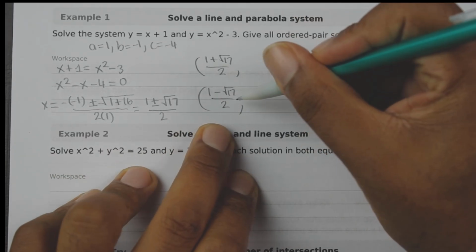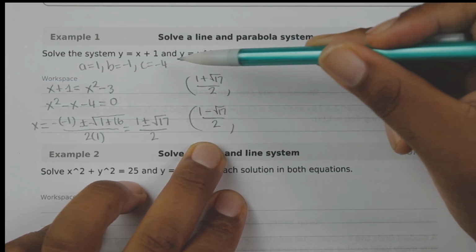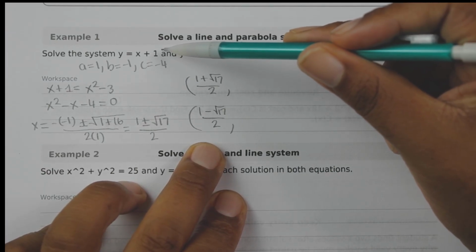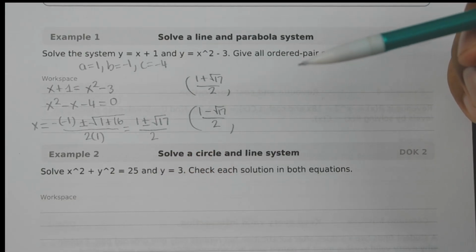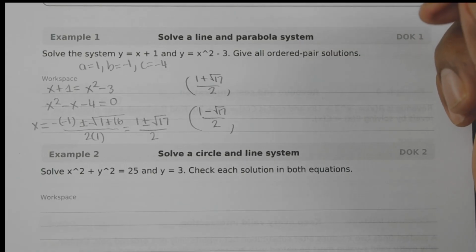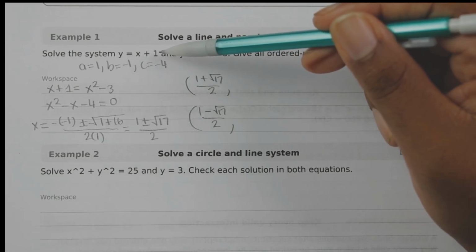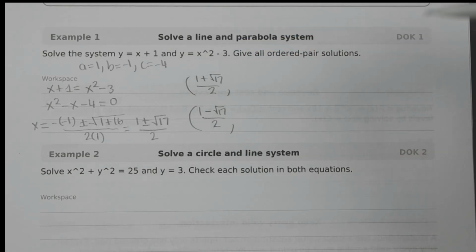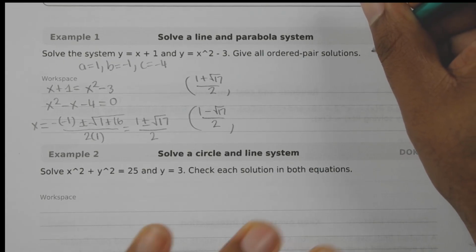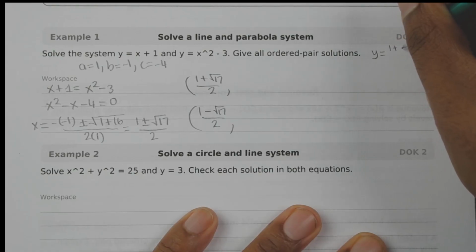So we would have to essentially substitute these into the expression here to solve for our y's. Okay, so I'm going to do that now.